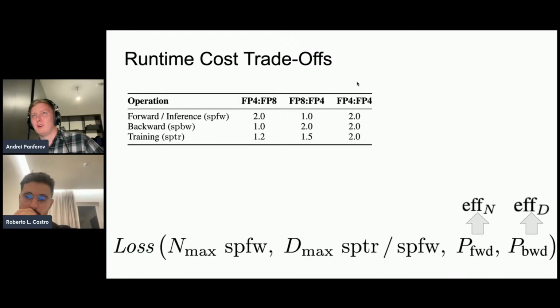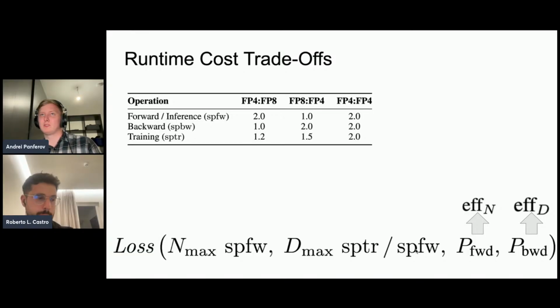So actually, this division by forward speedups comes from the fact that you increase the model size itself. And if your training speedup doesn't match your forward speedup, then you will actually train on fewer tokens because your model is larger but not as fast on training.